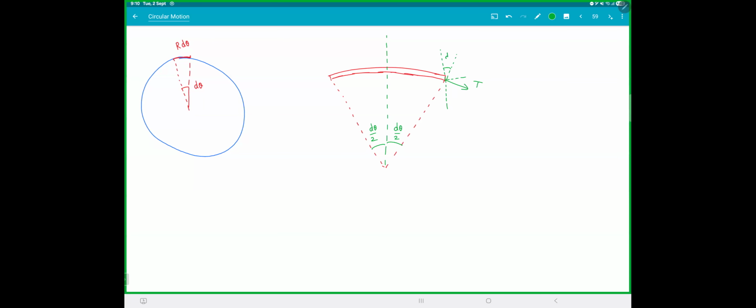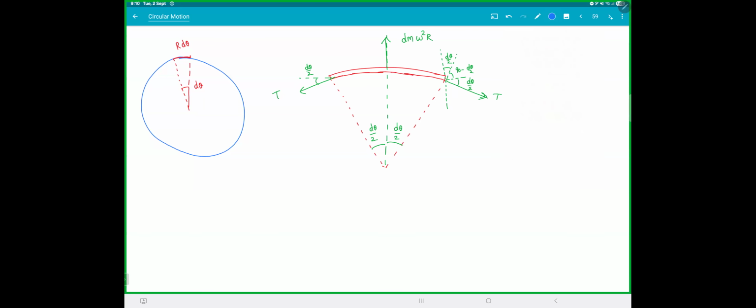This angle will again be d theta by 2, because this angle will be 90 minus d theta by 2. So this will be the tension, and this will be the tension. This angle will be d theta by 2. Just geometry. The centrifugal force will be pulling you out, which is dm omega square r.